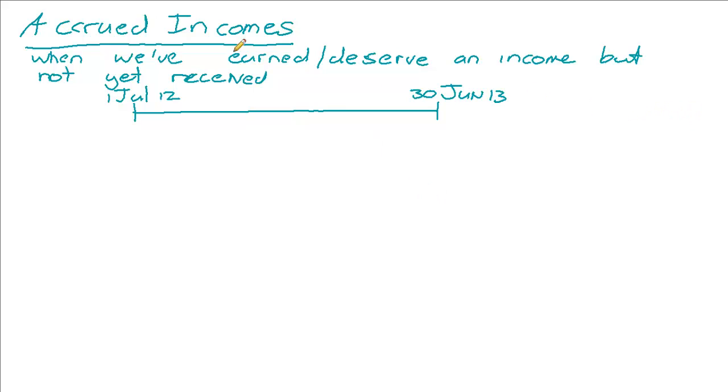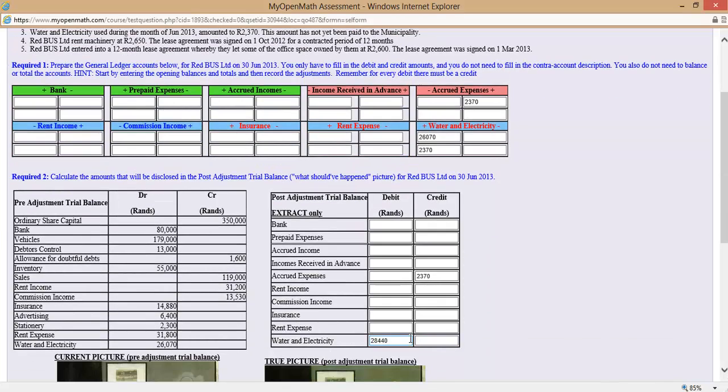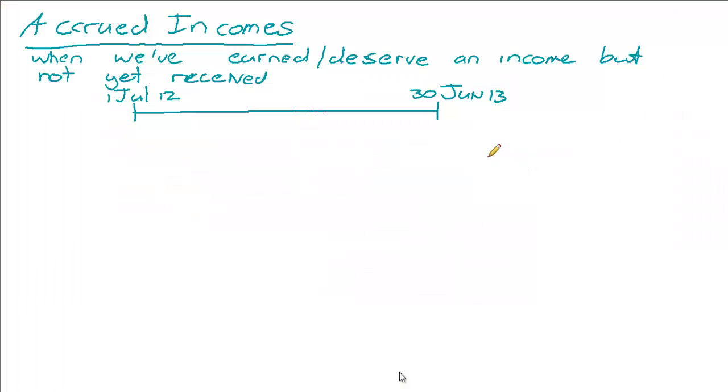And the current picture is as follows. For commission income, we have received 13,530. So our current picture is 13,530. And that is the rent that we've received. Not the rent, sorry, the commission. Commission received. That's the actual cash effect.